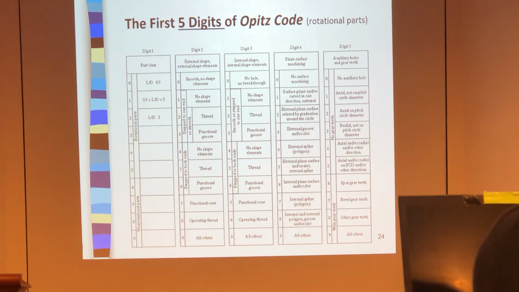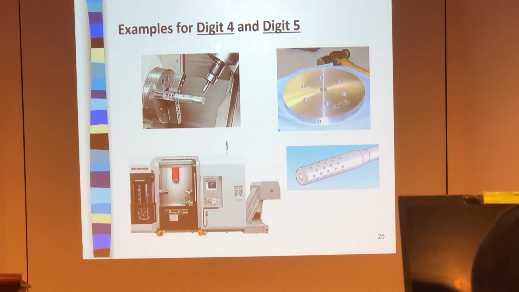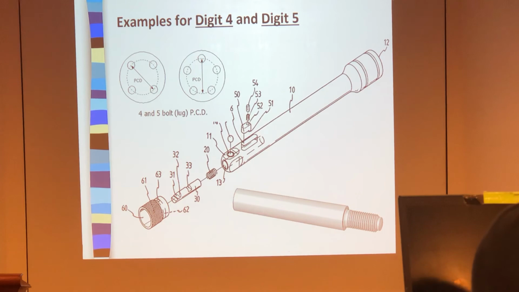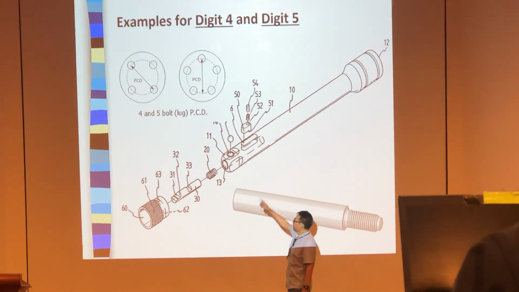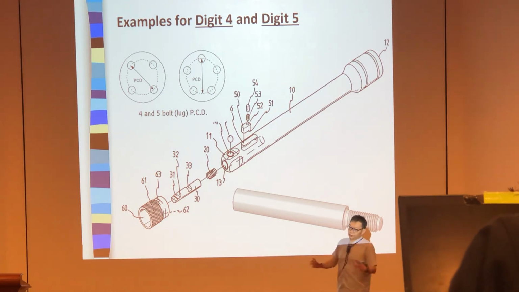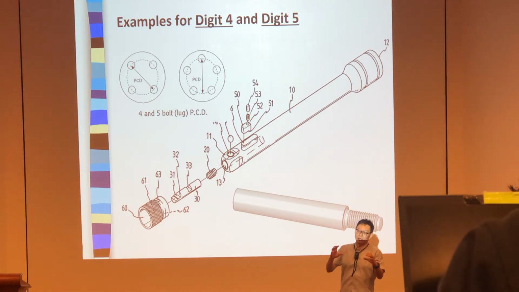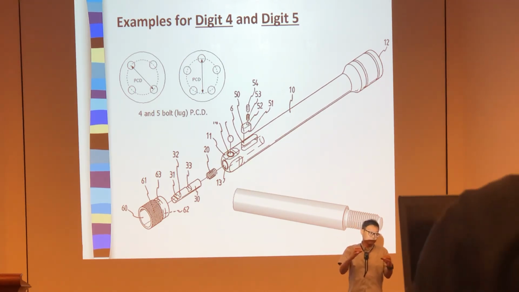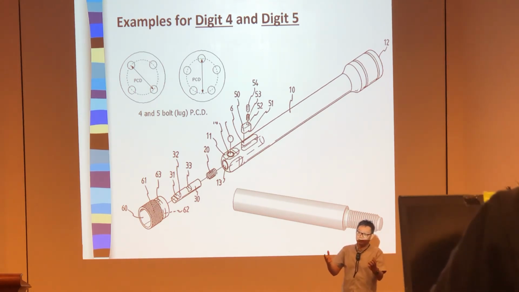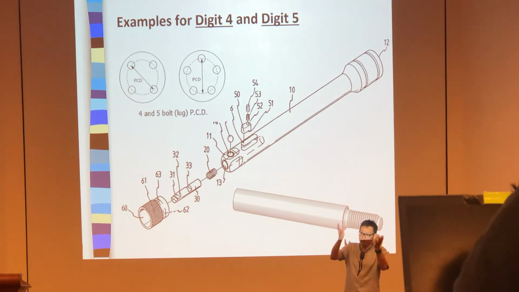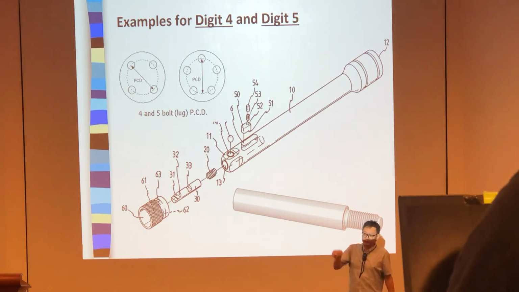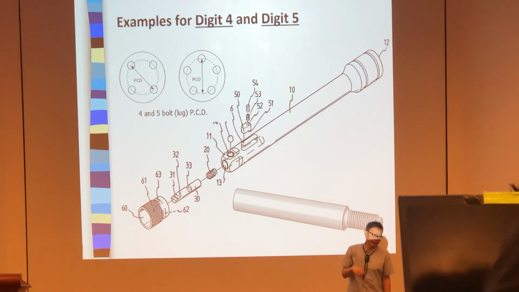So what is the meaning of pitch circle diameter? If you look at the top left corner, pitch circle diameter refers to, in engineering and in mechanical components, normally a pattern of holes. If you have 3, then they are 120 degrees apart. If you have 4, 90 degrees. They're distributed evenly along a so-called diameter, right?